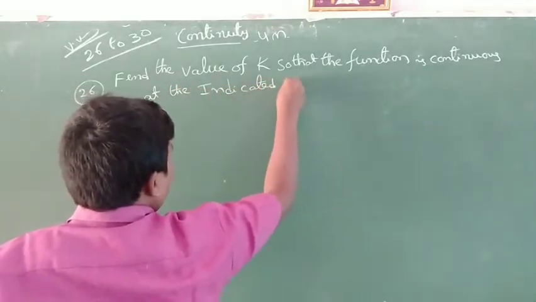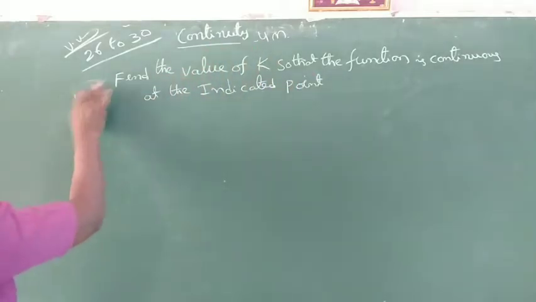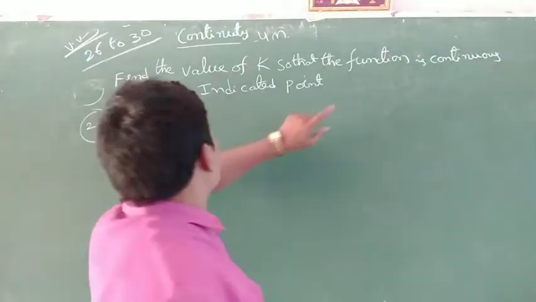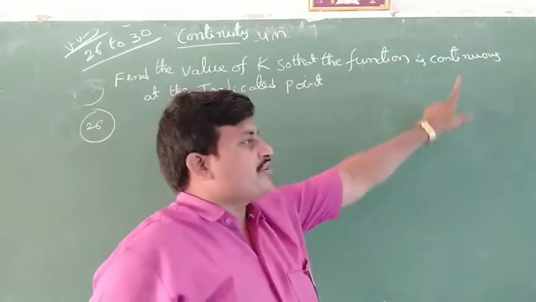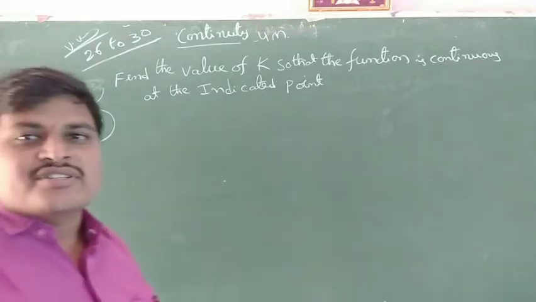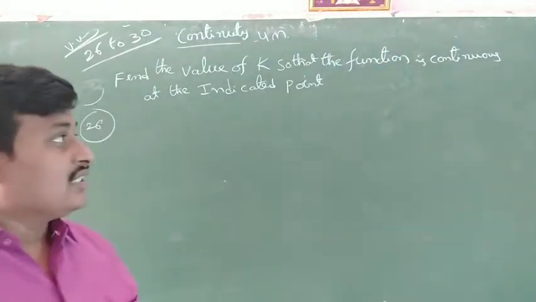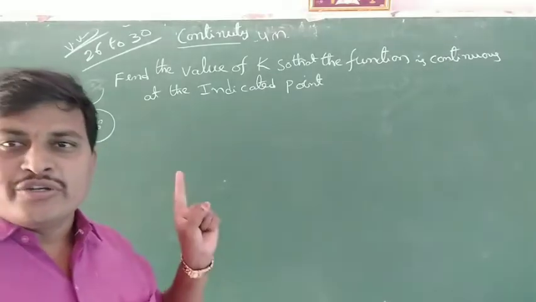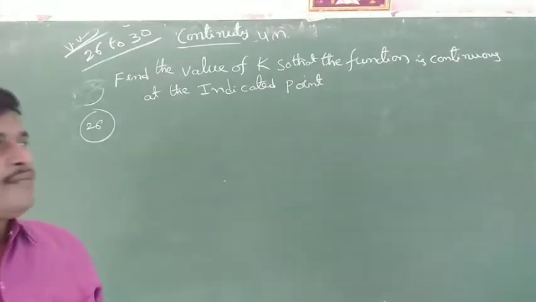Following the functions, find the value of k so that the function is continuous. Which functions are given? Continuous functions are given. That a given function is continuous, then find the value of k.